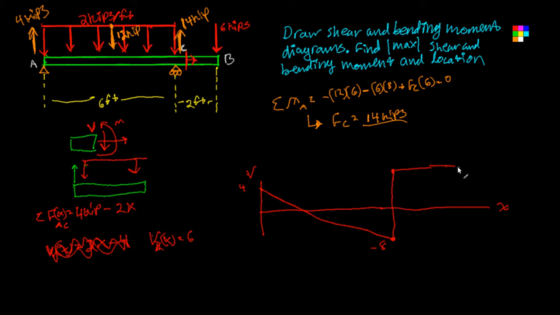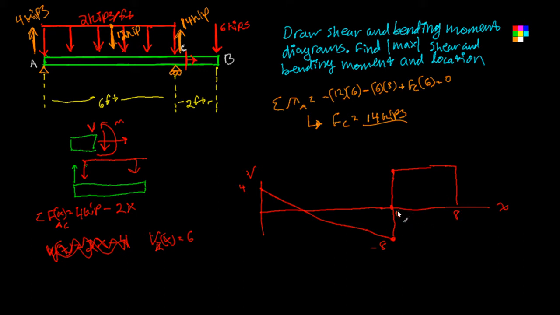I hope this makes sense. So at this point is where our shear changes from being more affected by this 4 to being more affected by the distributed forces here. And this is our 6, this is our 8 feet.